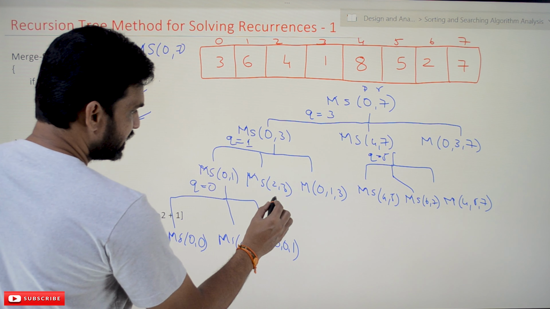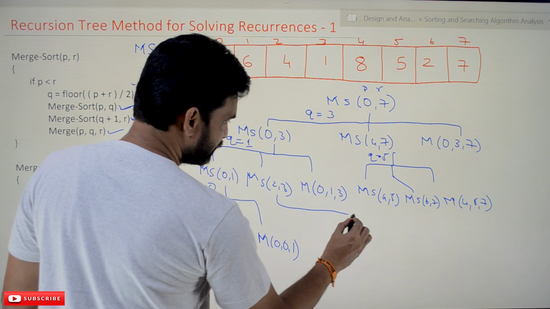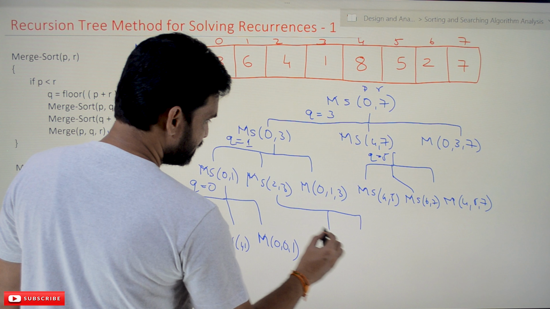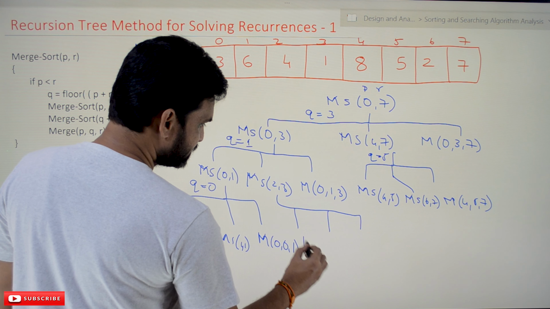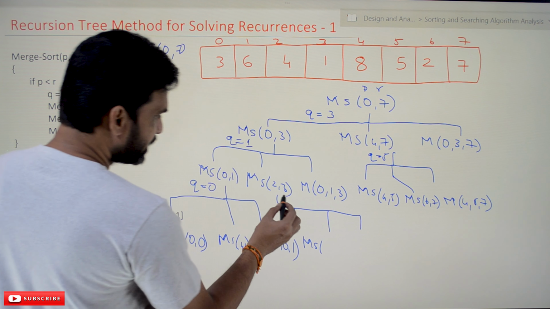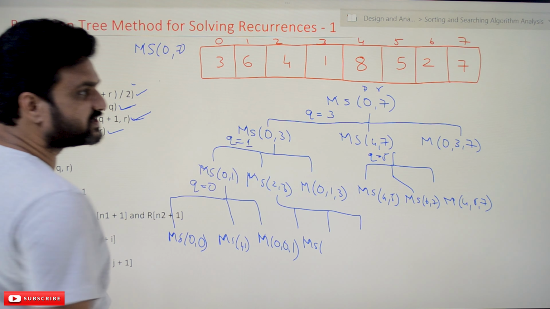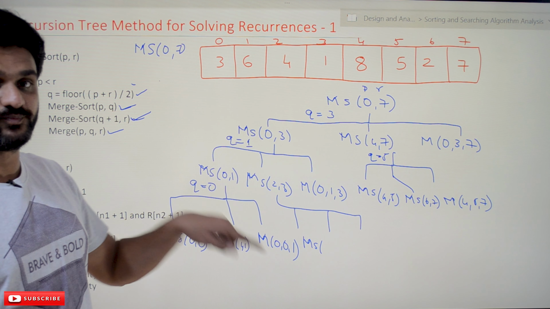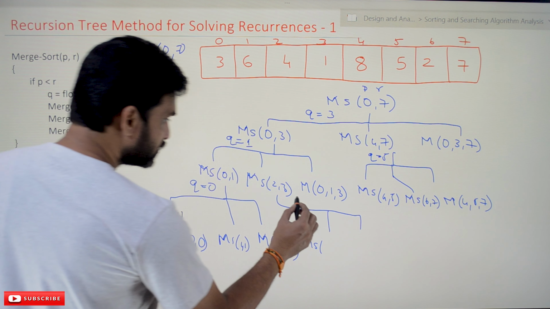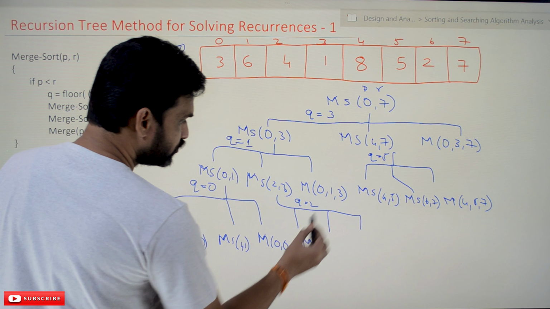And for this function call, what are all the function calls that are made? The value of q is (2 + 3)/2, which is 5/2, that is 2.5, and again the floor is 2. So the value of q is equal to 2.